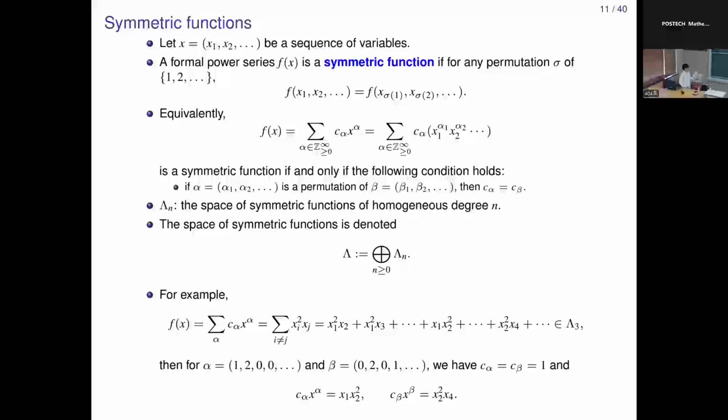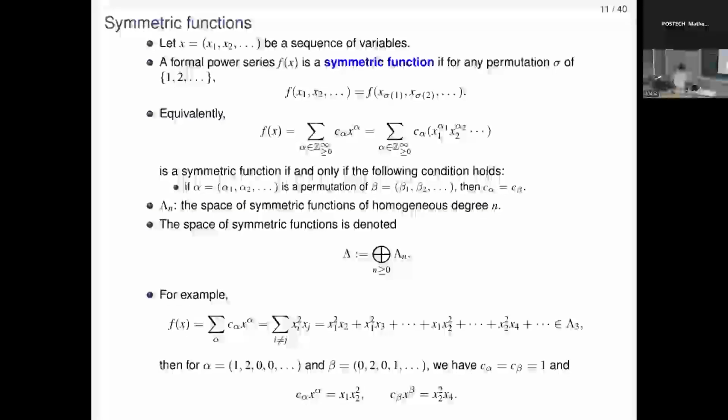Also, c beta is 1, because this means x2 squared x4 to the first. Okay, so you see things like this. This is the main object in this talk.